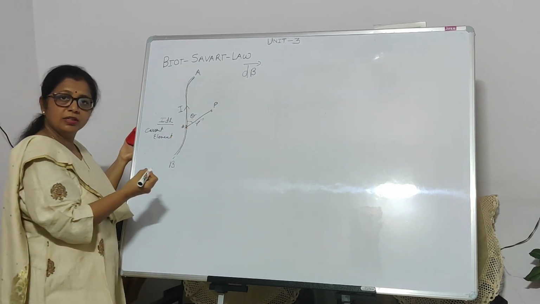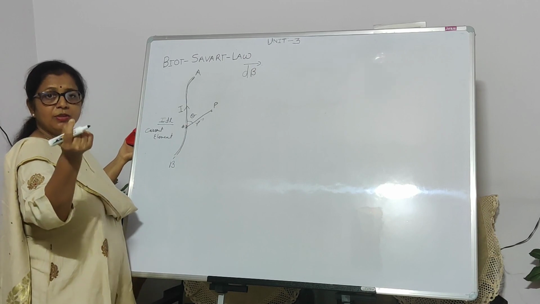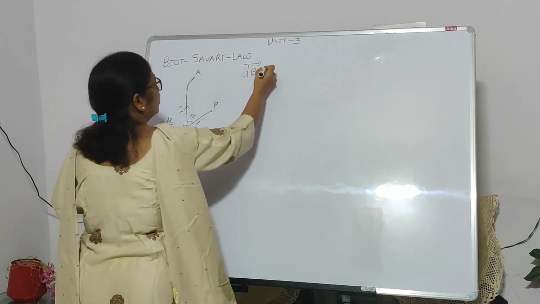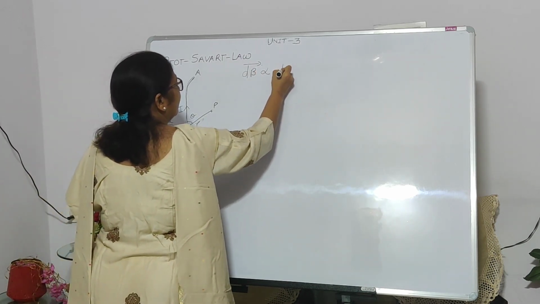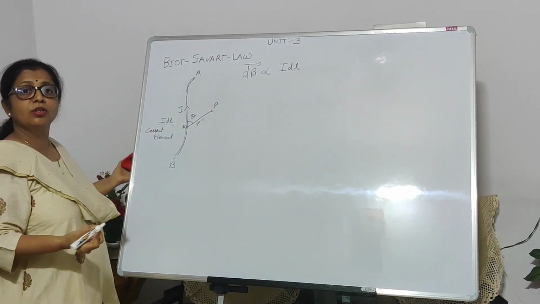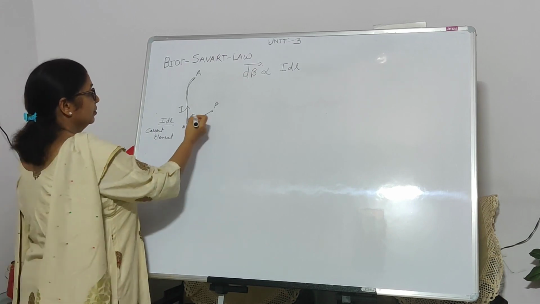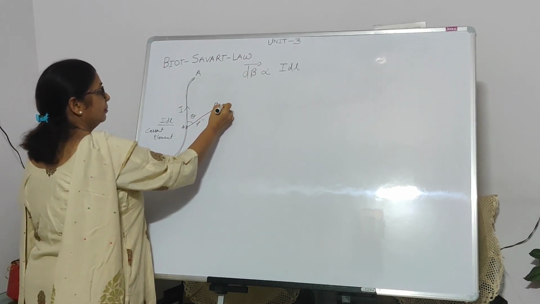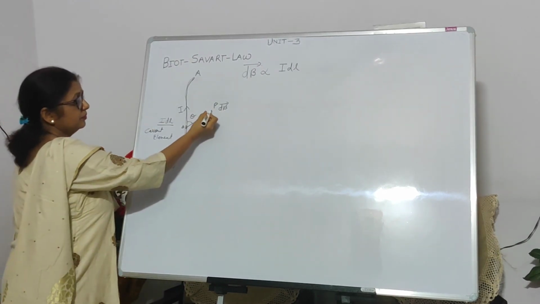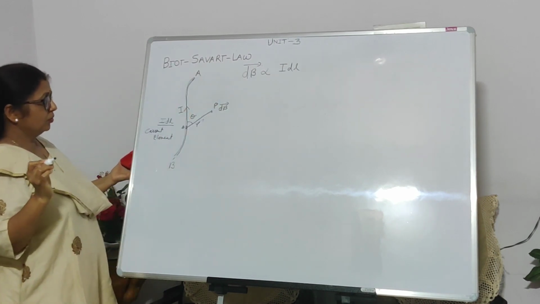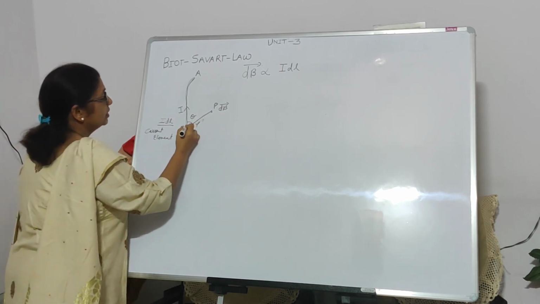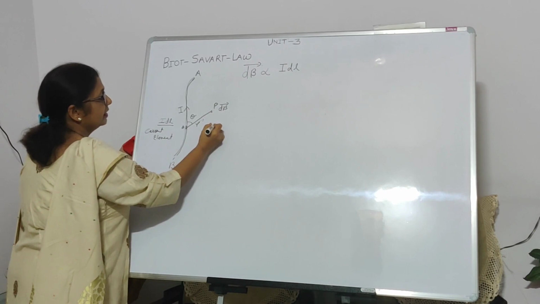Because we have taken a small element, so a small magnetic field is developed due to it. dB is directly proportional to I dl. I dl is the source that produces the magnetic field. Here the direction of dB is inside the board.